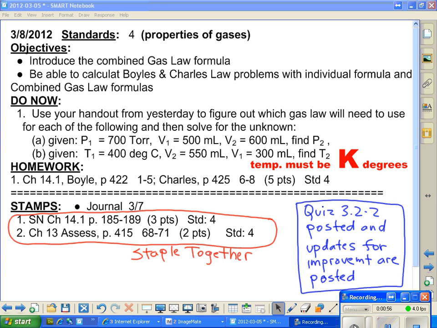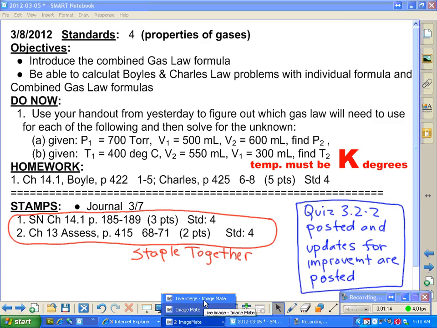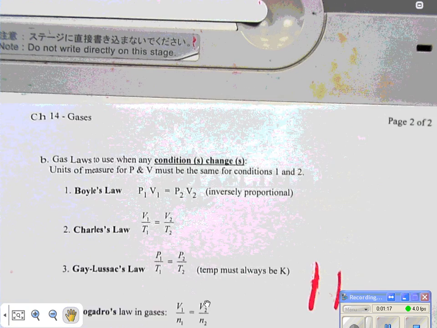Okay, if you look at the do now for today, you're going to see a calculation, one for Boyle's Law and one for Charles's Law. And the way you figure out which is which is you get your little handout, if you'll get that out please. And we'll look at that here on video as well. Just a little handout.